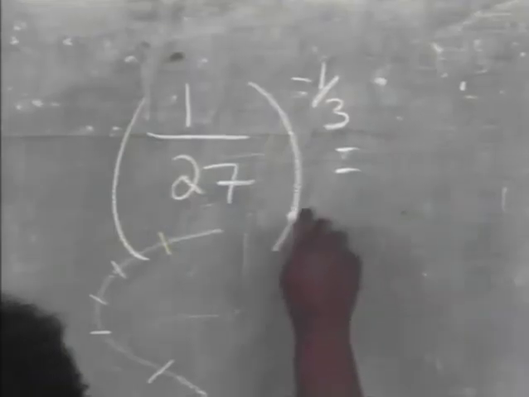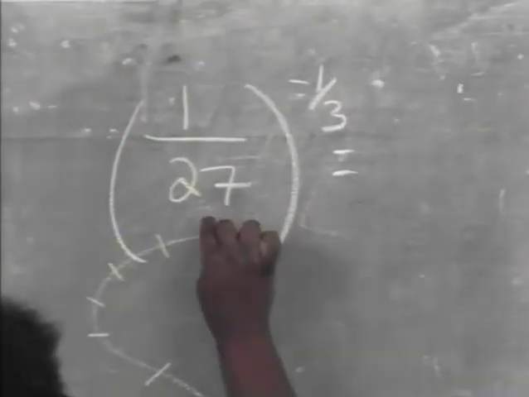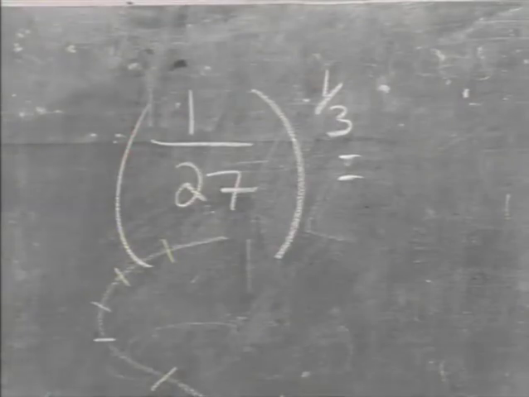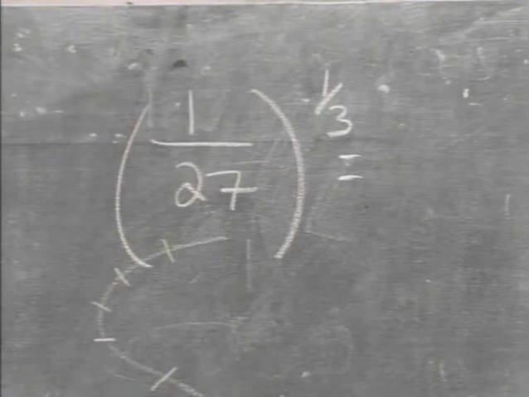Okay. What this one is asking now, if I remove that negative sign, then this means you have to find a number that you multiply by itself 3 times to give you 1 over 27. And that number will be 1/3, not 3, because 1/3 times 1/3 times 1/3 will give you 1 over 27.